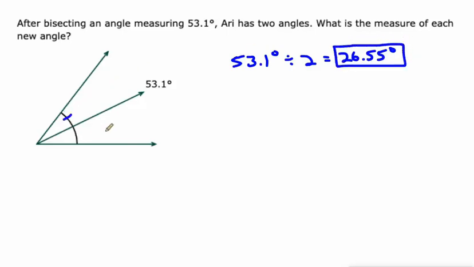So this angle and this angle are both 26.55 because bisect means cut in half, which means each one will be equal to the other. And they'll add up to 53.1.